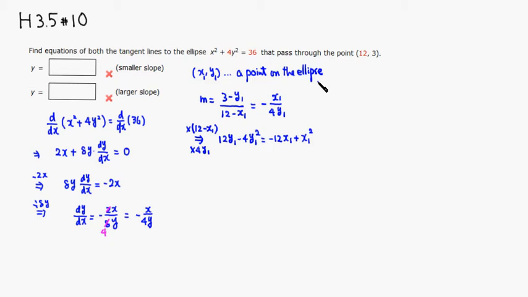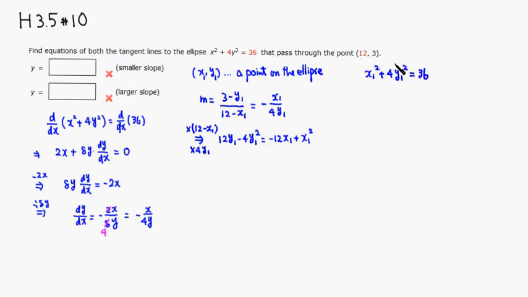Let's try to simplify as much as possible. x1 and y1 satisfy the ellipse equation, which means x1 squared plus 4y1 squared is equal to 36.